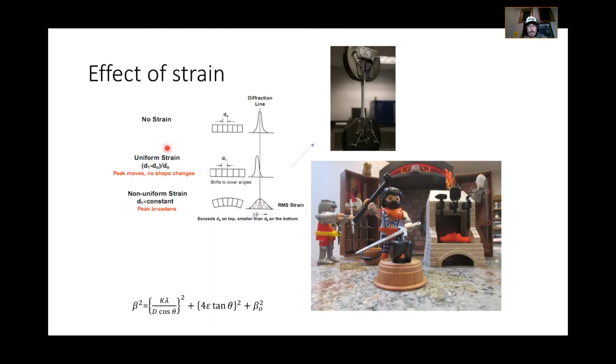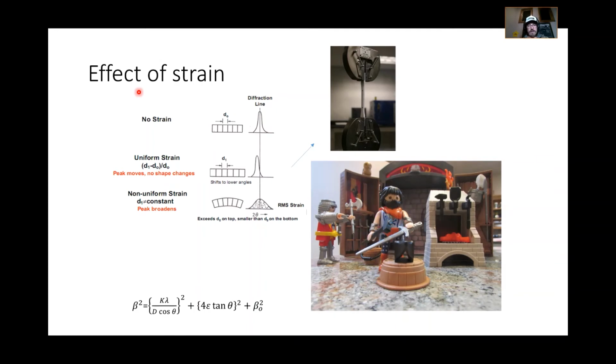The effect of strain, and let's see, I think this is trying to animate. It's my son's Playmobil set, I have to admit it. If you have no strain, your diffraction line is where you expect it to be. If you have uniform strain, it's shifting to the left.